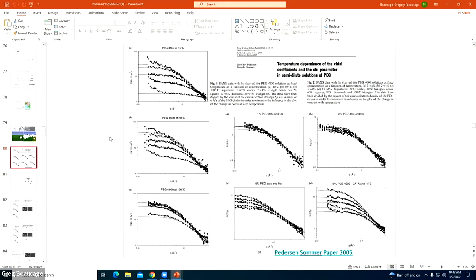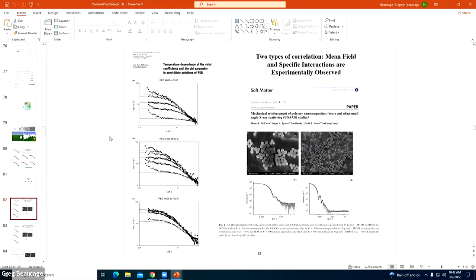That's one half of the world of getting concentrated. The other half I talked about in regards to that paper. You can see there's no structure in this thing. As you go up in concentration, these are isothermal, and it's just flat. There's nothing going on.